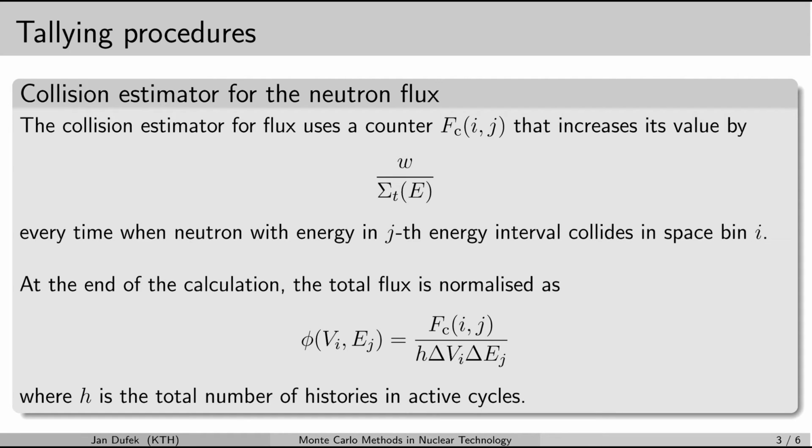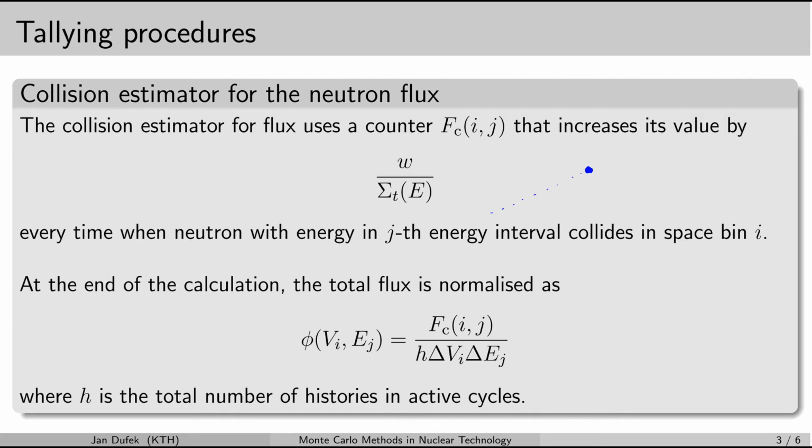So let's say that the neutron arrived to the collision, and at this point the counter is going to be increased by this value. So what does it actually mean? 1 over the total macroscopic cross-section is the mean distance between the collisions.